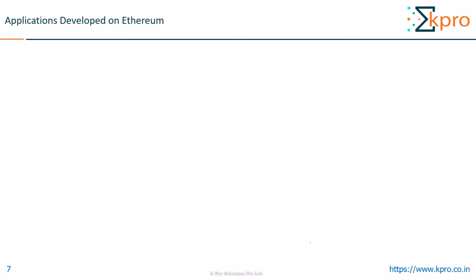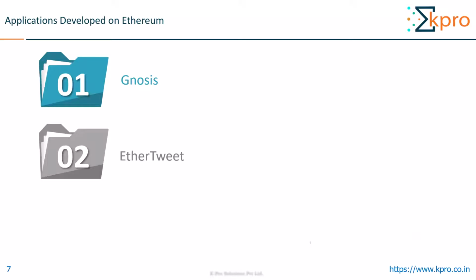Next, let us see a few applications developed on the Ethereum blockchain. First one is Gnosis. So it is a decentralized prediction market which enables the users to vote for anything from weather to the election results. The users have the right to choose to vote for whatever they want to do. The next one is EtherTweet. This application provides the users with an uncensored communication platform with the functionality of Twitter.